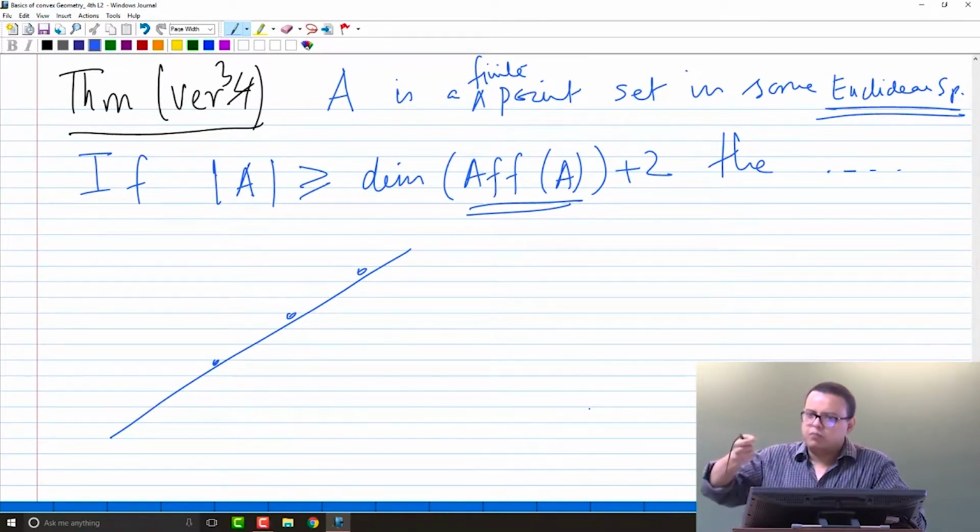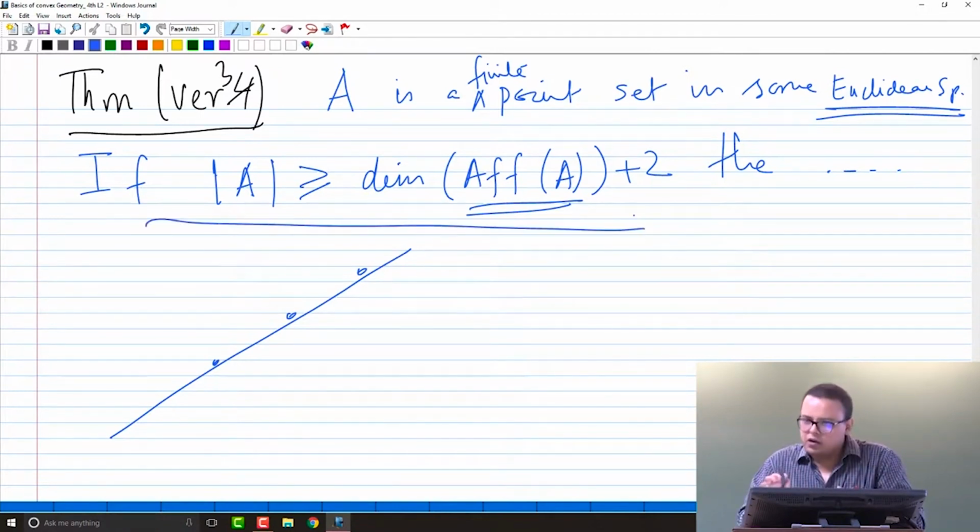So, if you have a set of many points on a line, you can prove something even stronger in R3: you will get the Radon theorem for 3 points itself. You do not need 4 points as in the R2 case. So, this is what this theorem is saying.